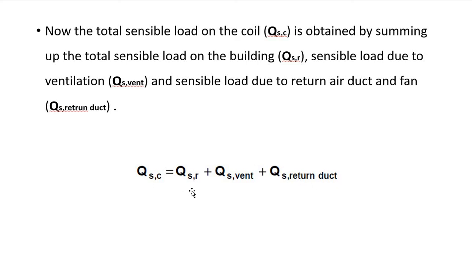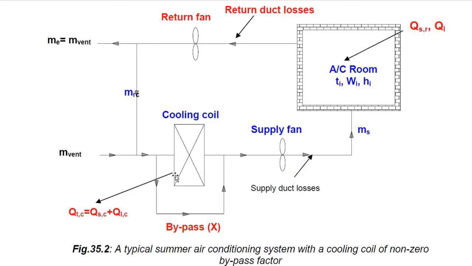So I will explain this equation with the help of this figure. This QSC, total sensible heat load in the cooling coil, is the sum of the sensible cooling load in the room, plus we are supplying some amount of fresh air. The temperature of that fresh air has to be removed or reduced.